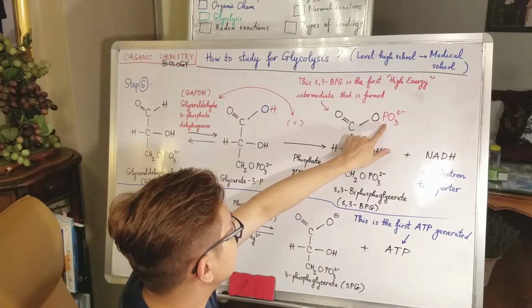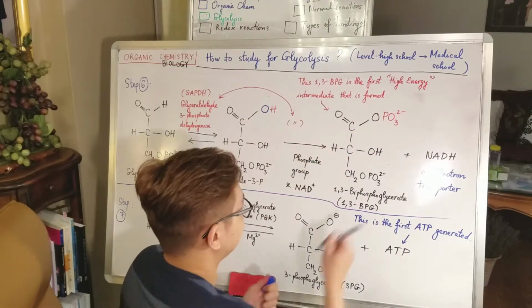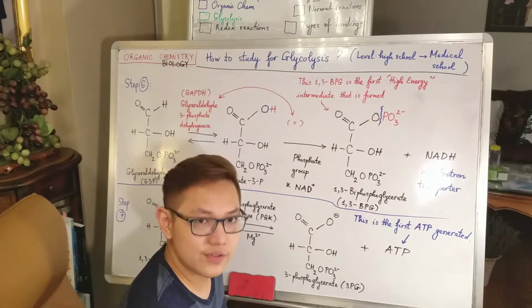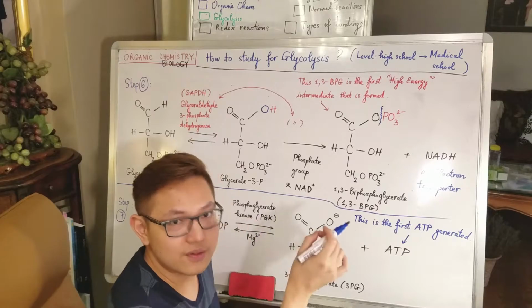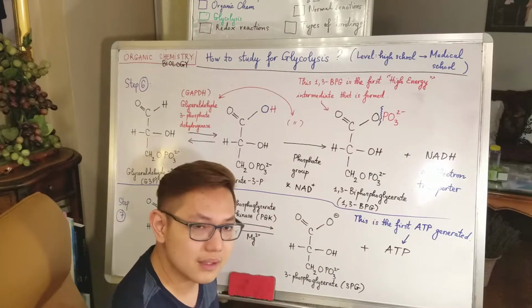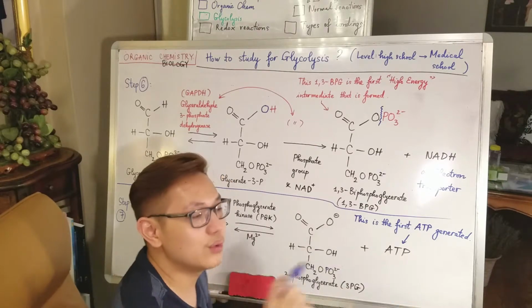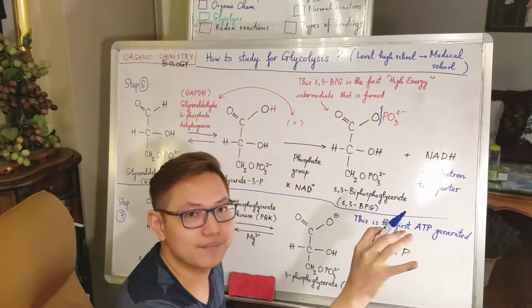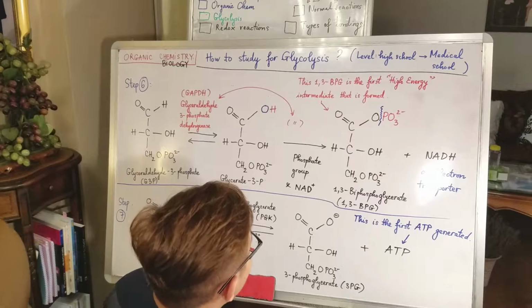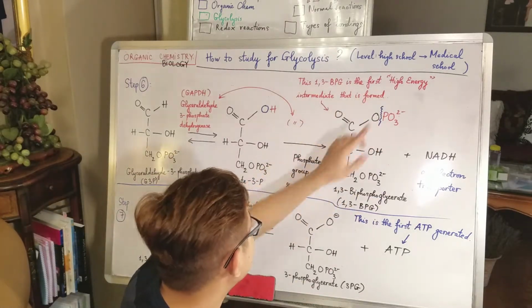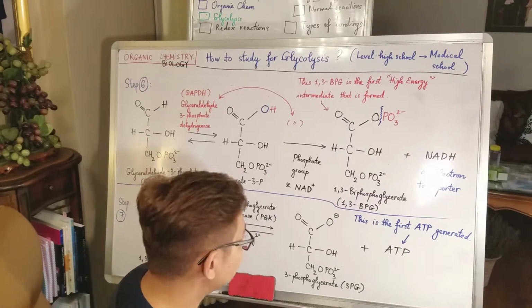This bonding in between is called a phosphor-ester linkage, and that is a very high energy bond. When you break it, you release a lot of energy to the surroundings. That is the reason why this whole thing is a high energy intermediate.